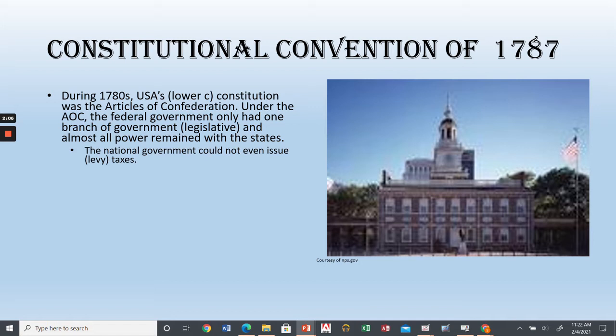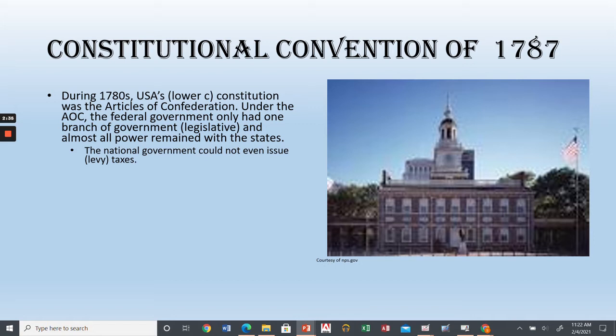All right, so the Constitution that we use today is not our first constitution. That constitution, with a little c this time, was called the Articles of Confederation. Your 8th grade history memory should be tingling right now. Under the Articles of Confederation, the federal government only had one branch, the legislative branch, and almost all power remained with the states.